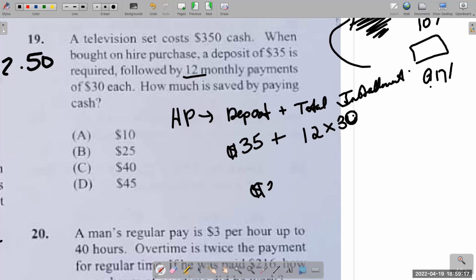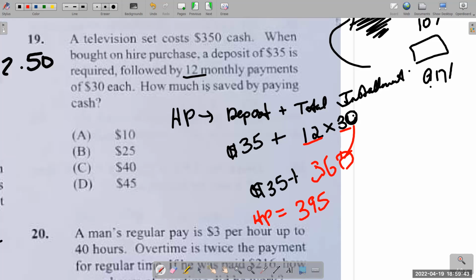So you just work out your maths, and this is quick maths. 12 times, just to remind you, you do 12 times 3 is 36. You bring back down the 0. Everybody see that? So what is the hire purchase price? The hire purchase price is these two things added up, which is $395.